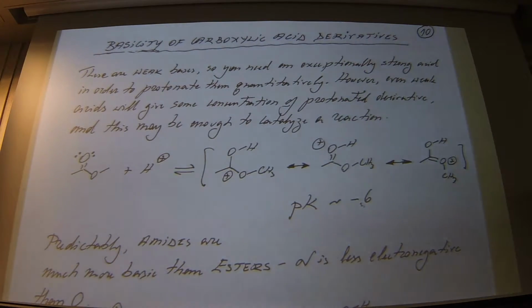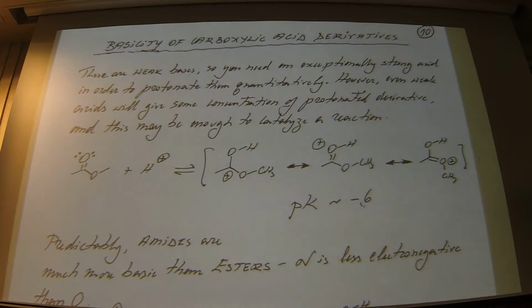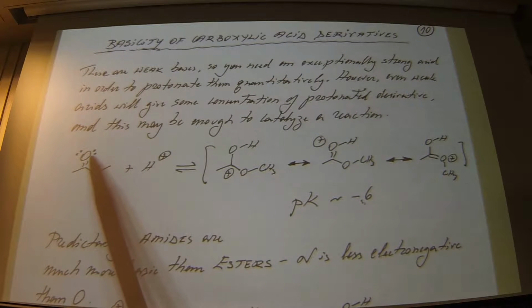Okay, so we're still talking about physical properties, right? When we talk about spectroscopy, we're talking about physical properties. Talking about physical properties now of carbonyl compounds and nitriles, we're going to talk about acidity and basicity. I've highlighted the non-bonding electron pairs of a carbonyl oxygen atom.